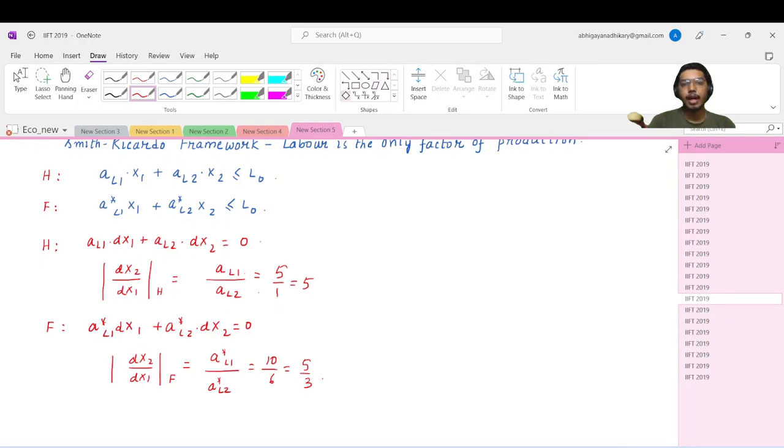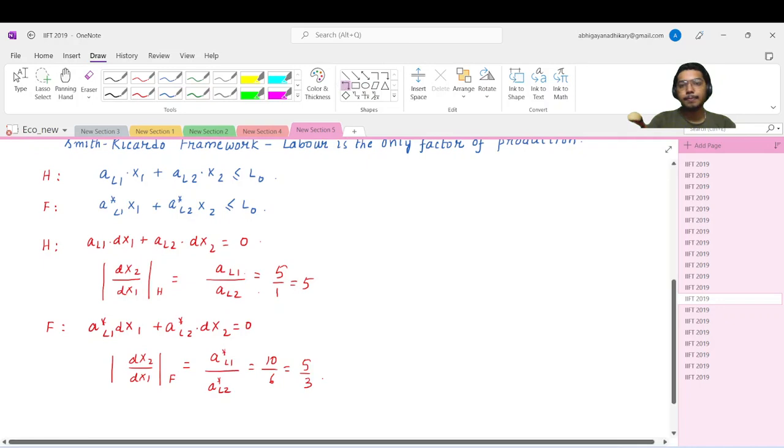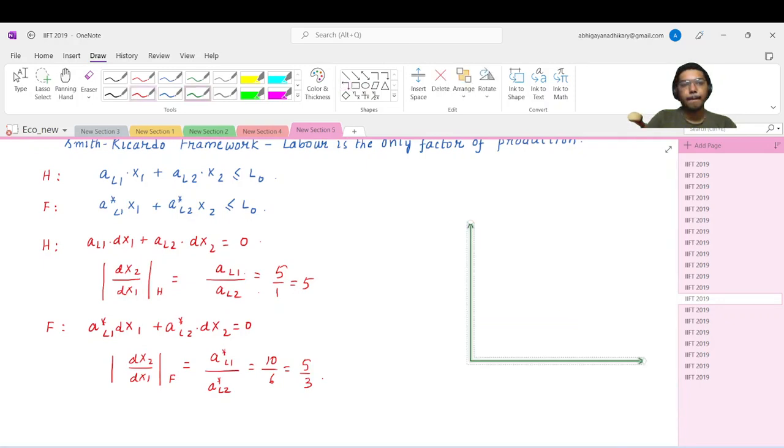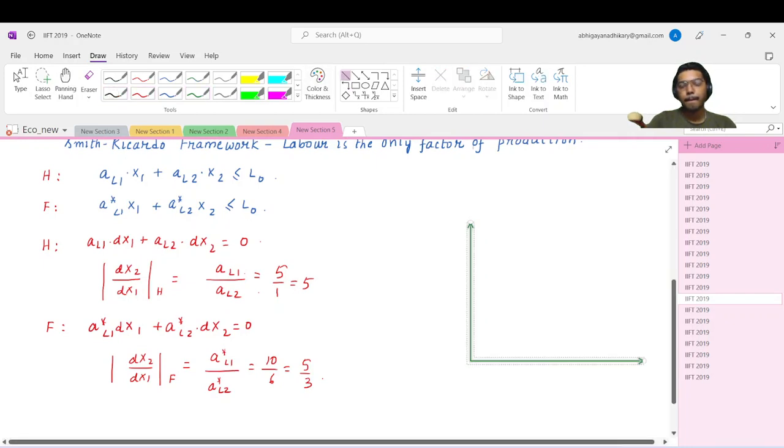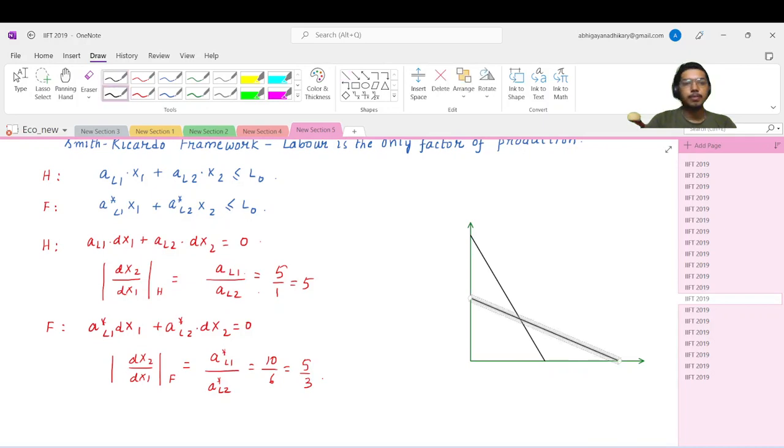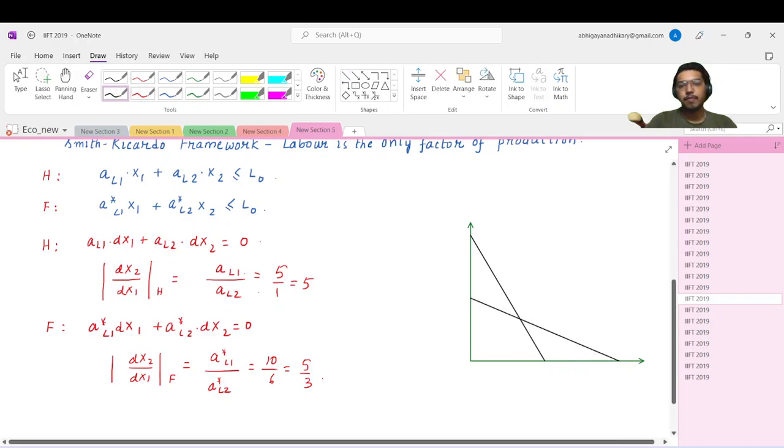If we just draw a diagram, then we can easily communicate that. This will be something like the home PPF, and this will be something like the foreign PPF.